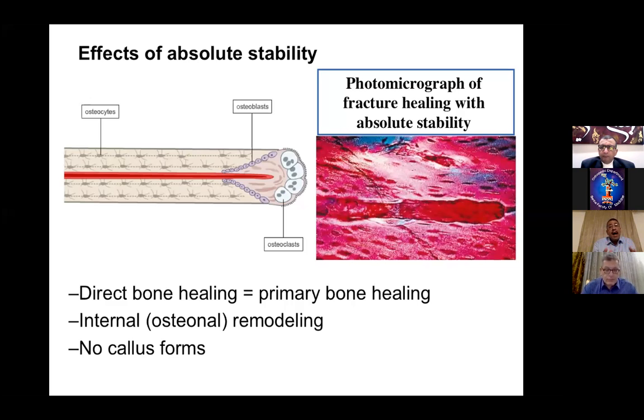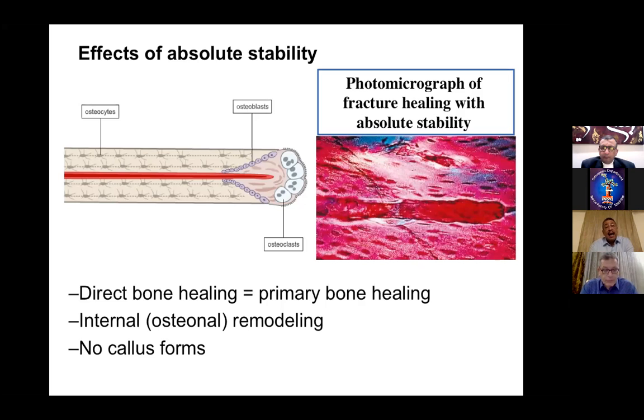When you apply these conditions, putting the fracture under absolute stability, callus will not form, but we will get what's called direct bone healing. It is a primary bone healing. It is an internal remodeling of the bone. It is direct osteonal migration by the cutter head.